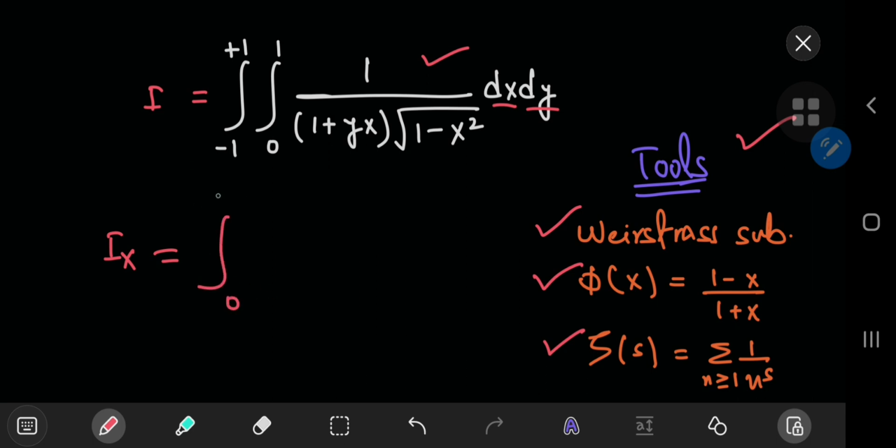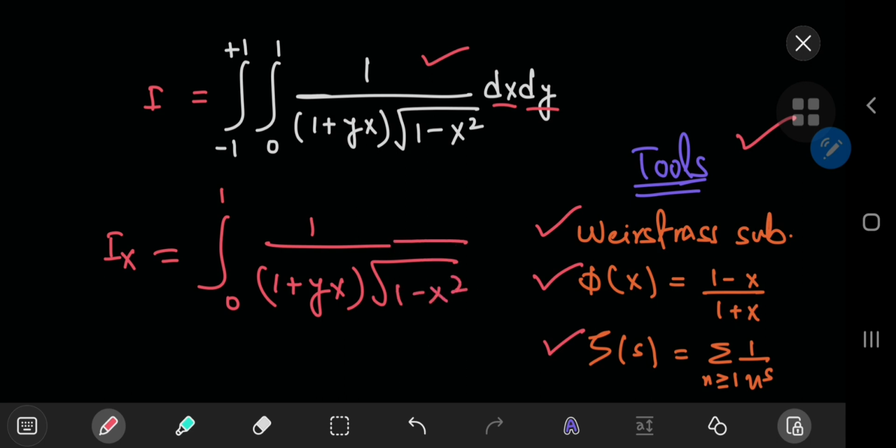So I sub x is the integral from 0 to 1 of 1 by (1 plus y times x) times the square root of (1 minus x squared). And the key thing here is that we're integrating with respect to x first, so we have to hold y constant. And y belongs to the interval from -1 to +1.